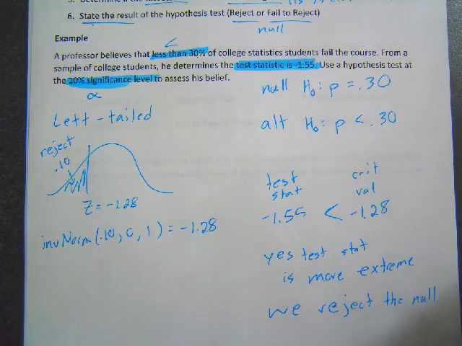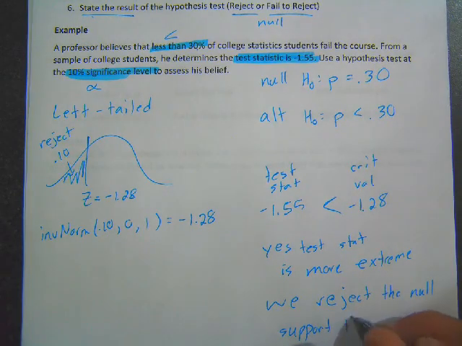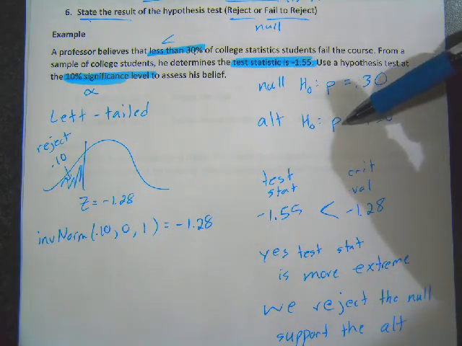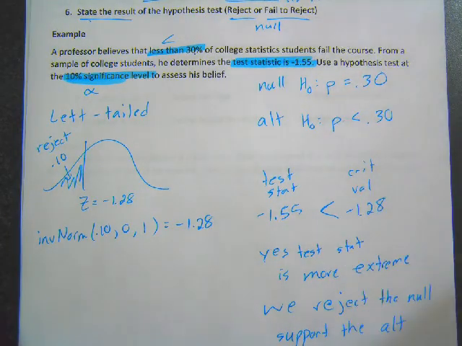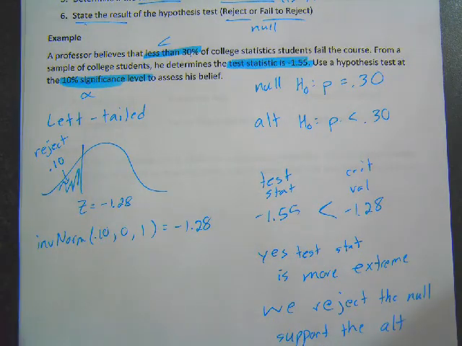So when our value is extreme, that's when we reject. We reject the null, which means we support the alternative. In this case, since our alternative is that the proportion is less than 30%, we actually have evidence to say he's right. Our evidence points to the fact that yes, it is less than 30% of the students that fail.